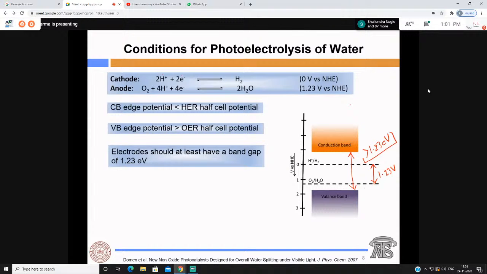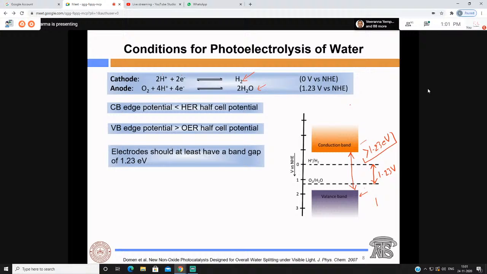Sometimes a material does not have 1.23 electron volt; it may have 1 electron volt, which is less than the thermodynamic potential of water splitting. So it cannot split the water molecule altogether. But it can participate either in the hydrogen evolution reaction or in the oxygen evolution reaction, depending upon the position of the conduction or valence band.